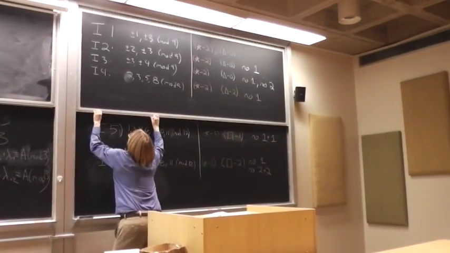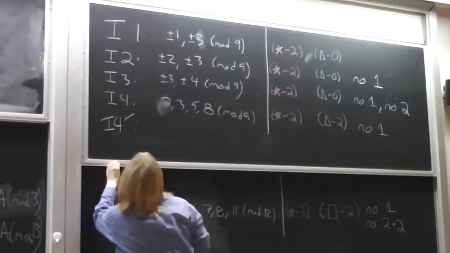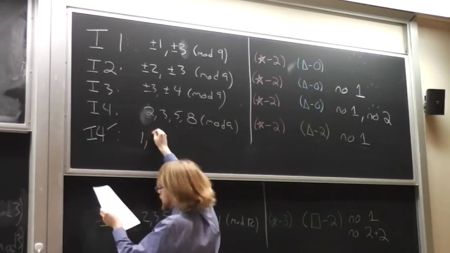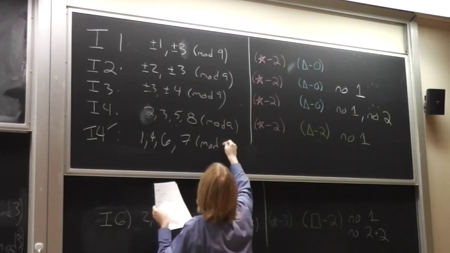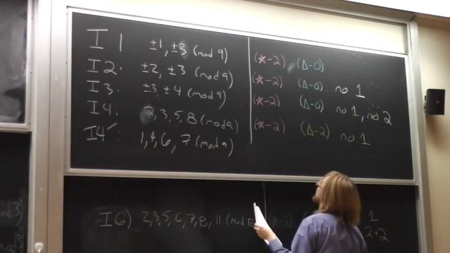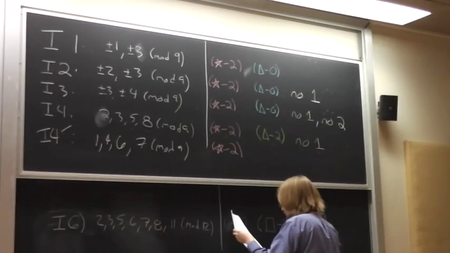Okay, for prime, sure enough, there is a friend for this one. That is 1, 4, 6, and 7 mod 9. And then the conditions here are the same difference at a distance condition.